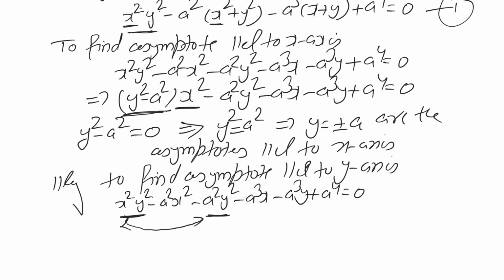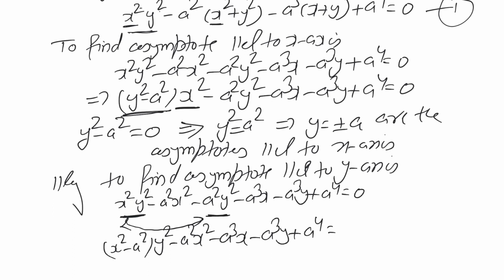So these two are clubbed as (x square minus a square) y square minus a cube x minus a cube y plus a4 is equal to 0. Now y square is the highest degree in y, and its coefficient is x square minus a square. So we equate its coefficient x square minus a square to 0 to find asymptote parallel to y-axis.